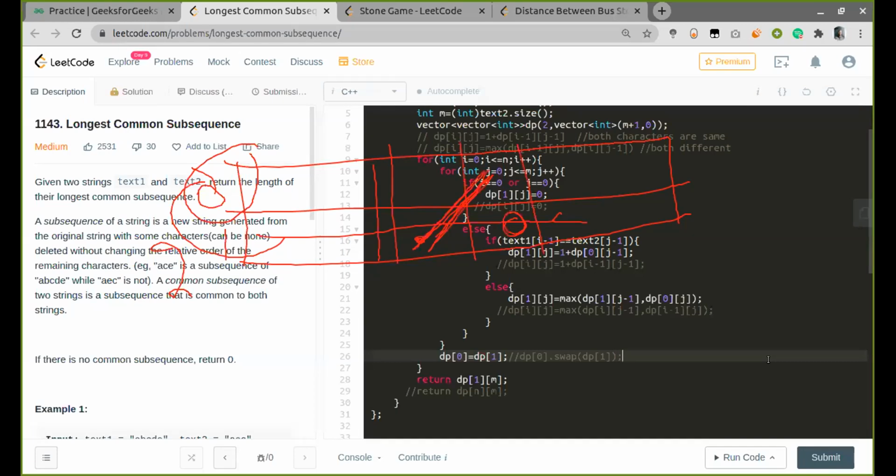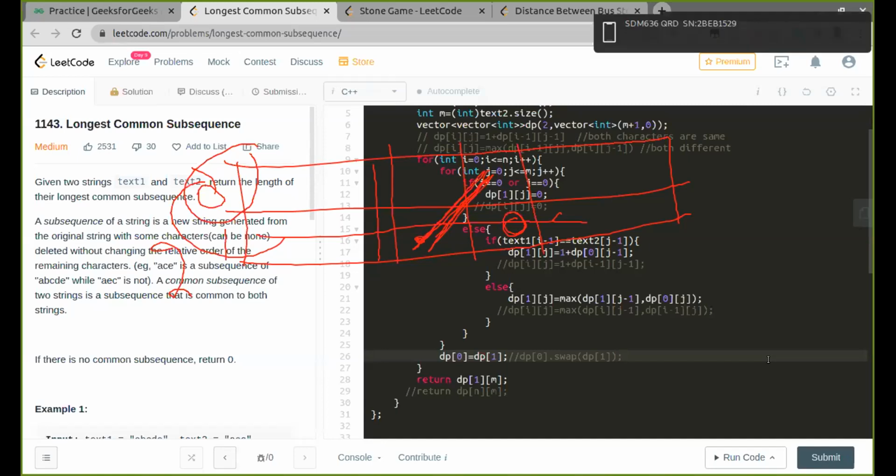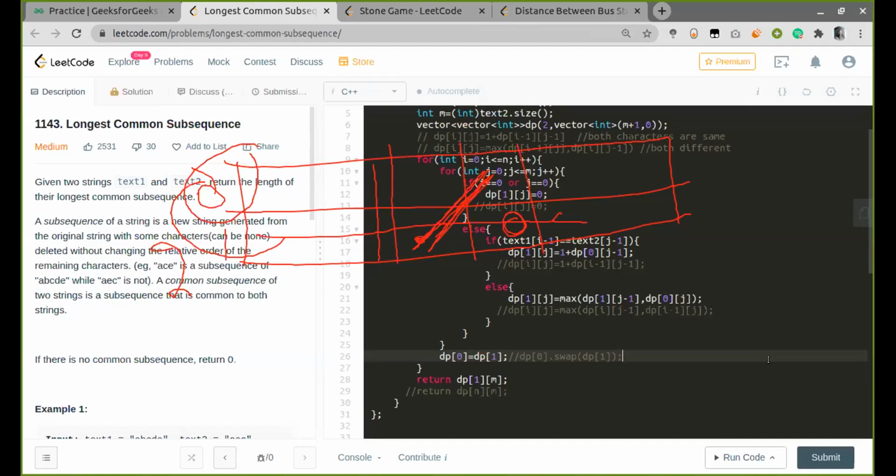Correct. But what I'm trying to say is, at that time, is it the updated value in DP of 1? Because if we see the iteration, DP of 0 always has all the updated values. Yes, but he's doing DP column wise, right? So the previous column will always be updated. You are iterating column wise. J is the column, in incremental order 0 to M. Therefore the previous column will always have an updated value.